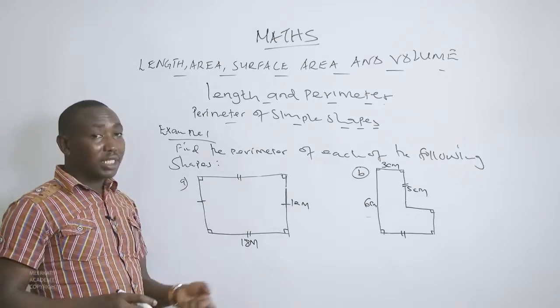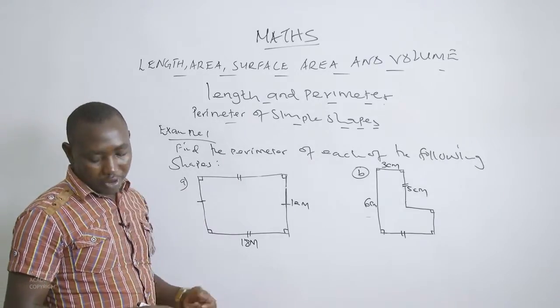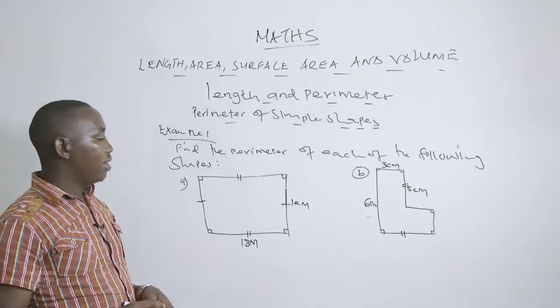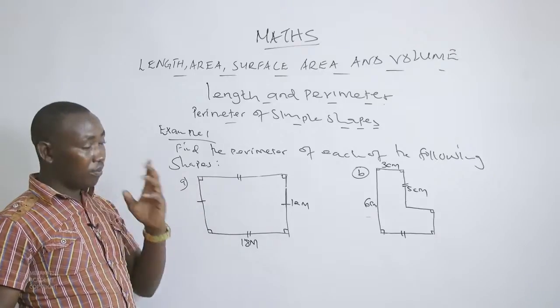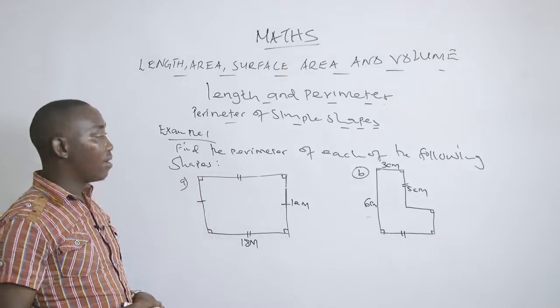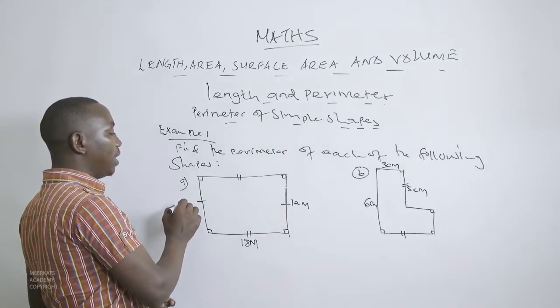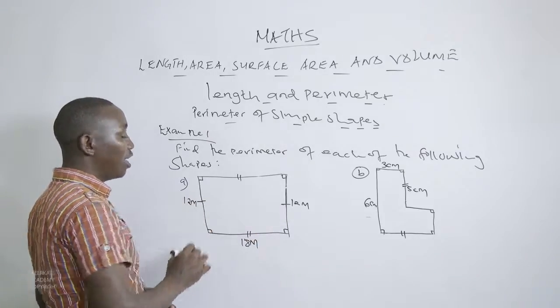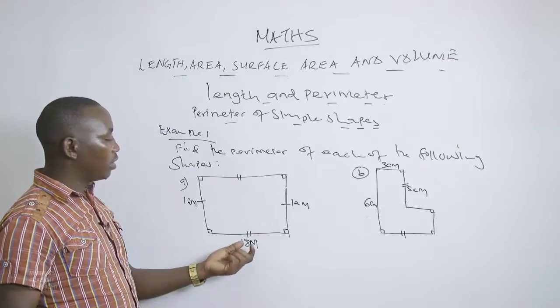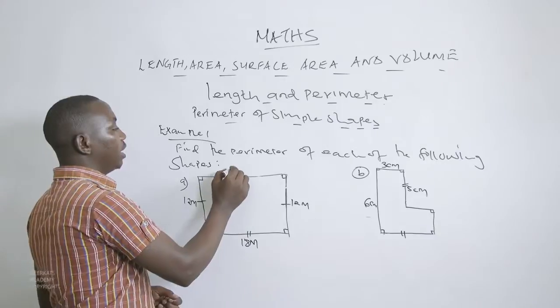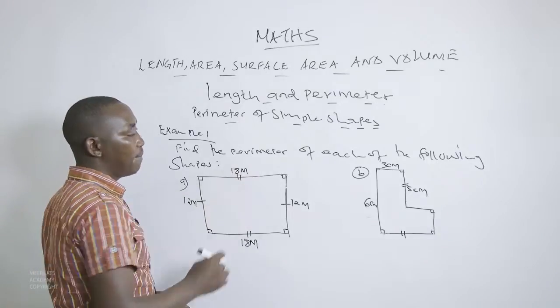Beginning with part A, we have been told to find the perimeter of this particular figure. That means we are supposed to go round this figure. Because this side and this side are equal and this side is 12 meters, this side is also going to be 12 meters. Then because this longer side and the other longer side are equal, this is also going to be 18 meters.